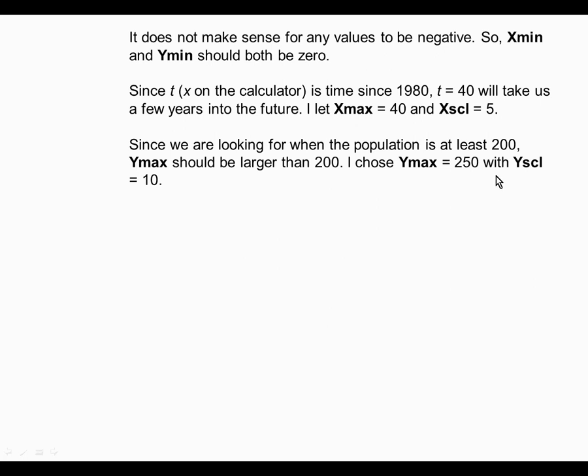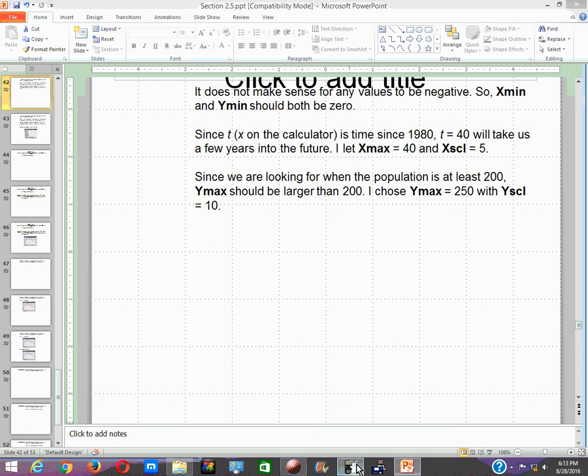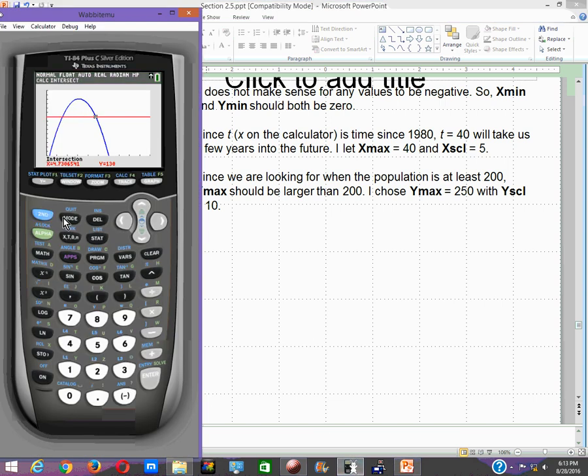So let's go ahead and do those settings on the calculator and also clear out the calculator from the previous stuff. Let's quit that. In y equals, let's get rid of the y2. Let's quit that. Now let's do our window. We keep our x min at 0. We said we're going to take our x max to 40, and our x scale to be 5.